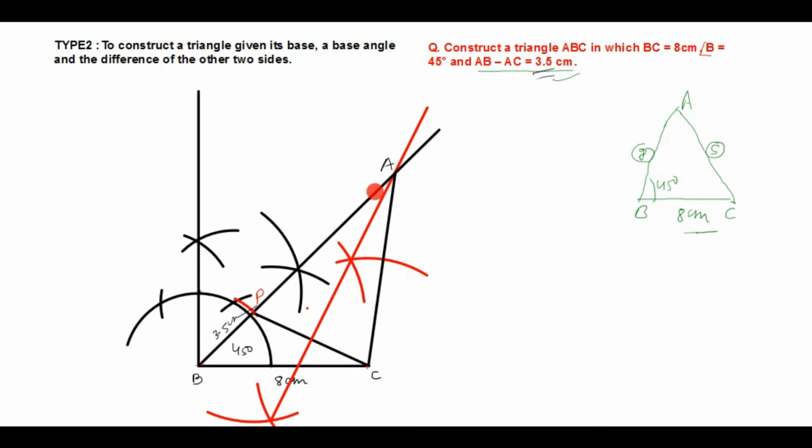So AB minus AP is your 3.5 centimeter, hence automatically AB minus AC will be 3.5 centimeter. Okay, so finally the required triangle we have is ABC. This is done.